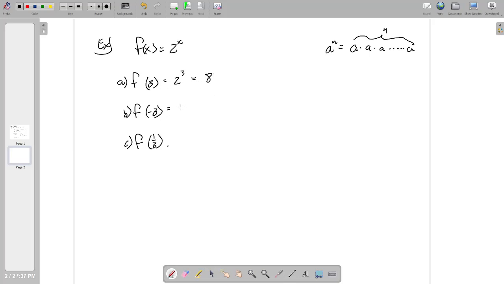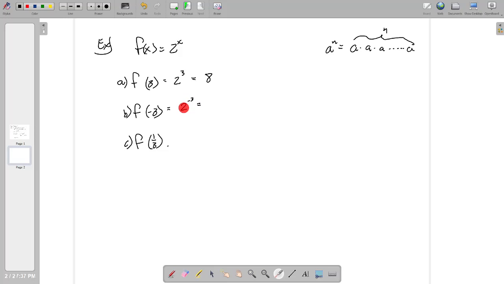f of negative 3 now. So we plug in negative 3 for x, and we get 2 to the negative third power. Right, now what does this do? Now try to remember what a negative does in the exponential. So if we have a negative exponent, what happens? Well, if you remember correctly from chapter 1, this negative will take the entire term and change it from being in the numerator to the denominator, or vice versa.